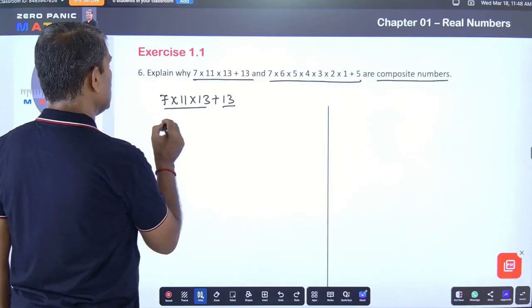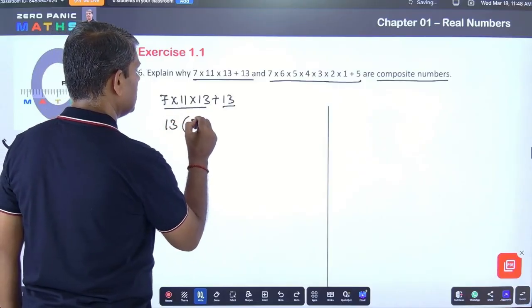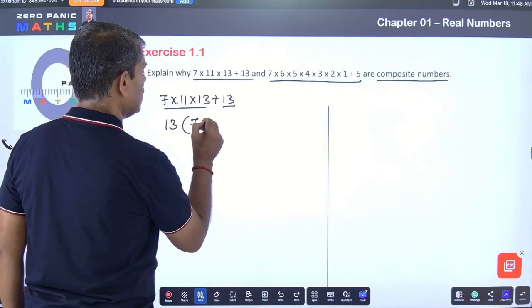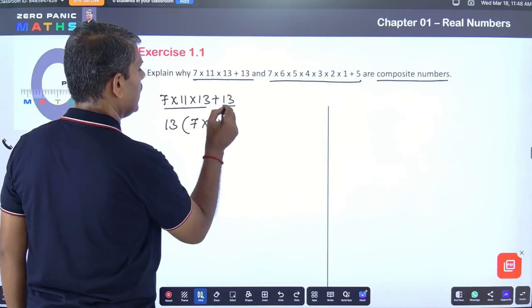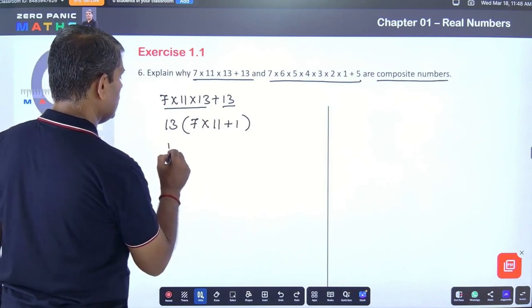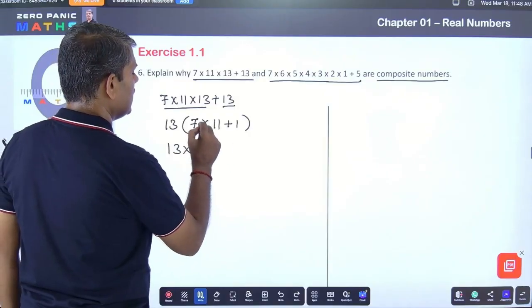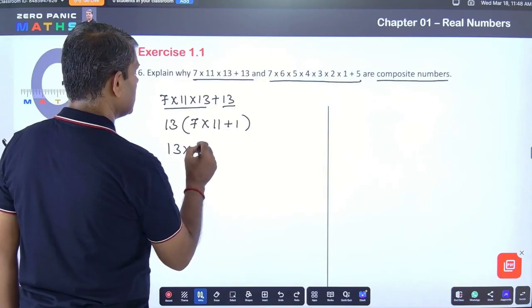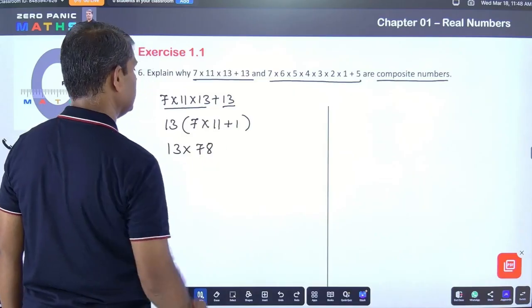I can take 13 common, and it remains with 7 into 11 into 1, plus 1, which is equal to 13 multiplied by 7 11s are 77 plus 1, which is 78.